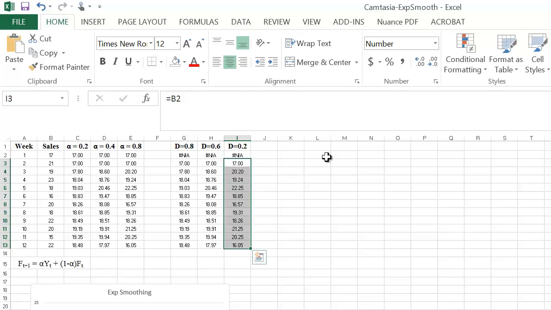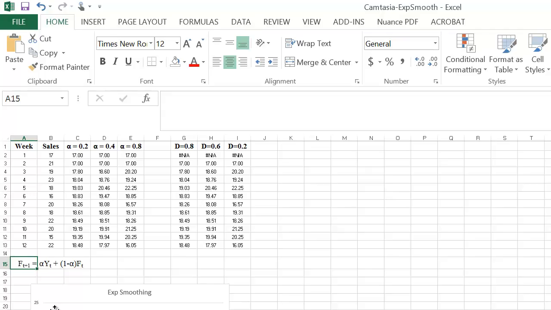Now, as I promised, we'd spend a couple of minutes explaining why this method is called exponential smoothing. Just as a reference, remember this formula over here. What it's saying is the forecast for period t plus 1 is equal to alpha times the actual observation for period t plus 1 minus alpha times the forecasted value for period t.